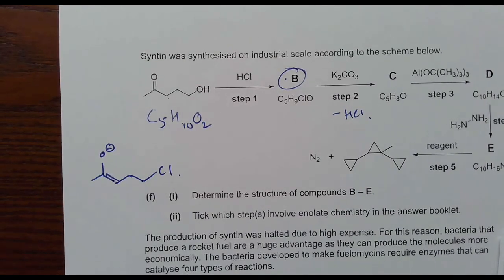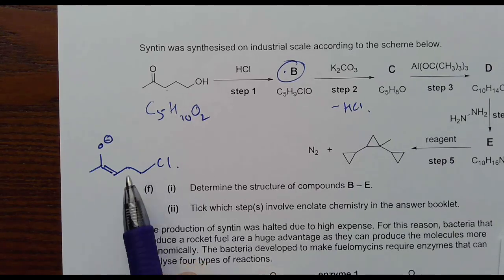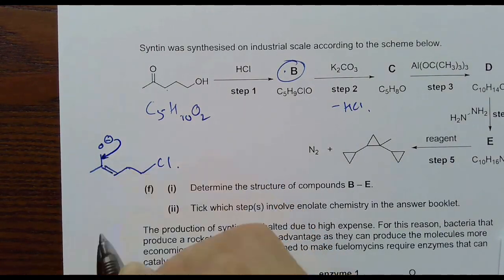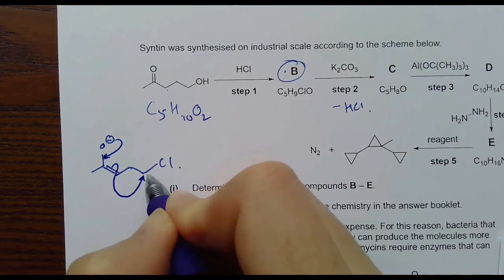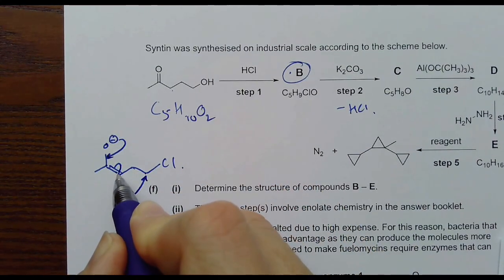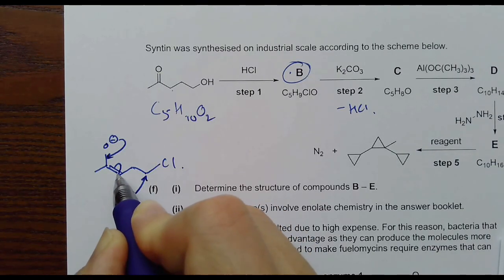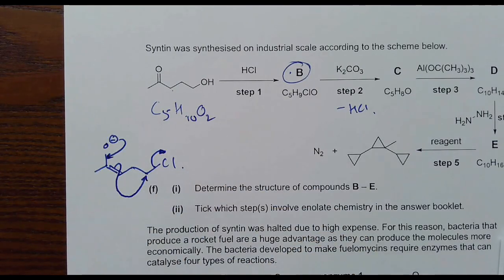But now it's getting tricky, because what's happening now, it should have become obvious at some point, is that in order to form this ring, this is going to have to react with itself. So this comes down as before, and then we get this reaction here where this carbon bonds to this carbon, and that will form a 3-membered ring, and then the chlorine comes off.